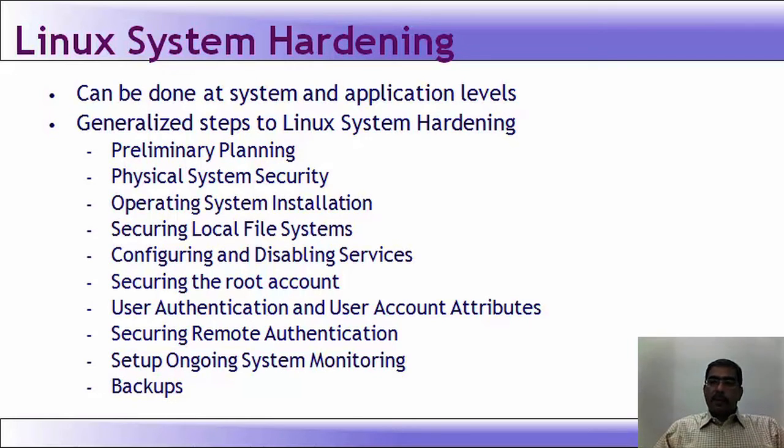The same thing, if you are going to enable SSH for remote access, which user will get control or can log in remotely. Root is anyway disabled by default in the configuration files under etc SSH. Then set up ongoing system monitoring, enable logs properly, monitor what is happening in the system.